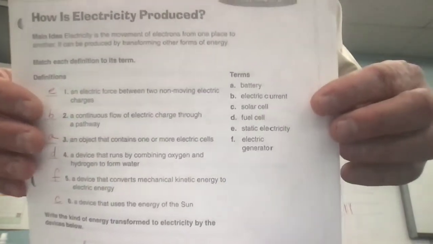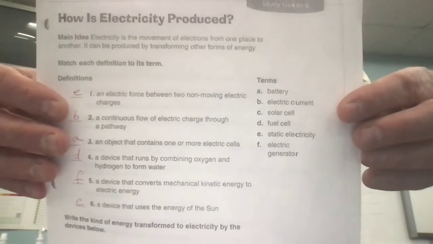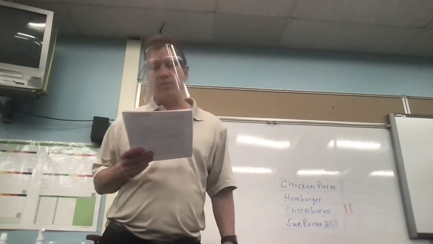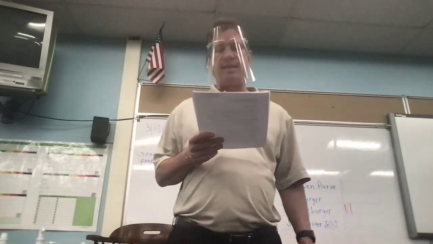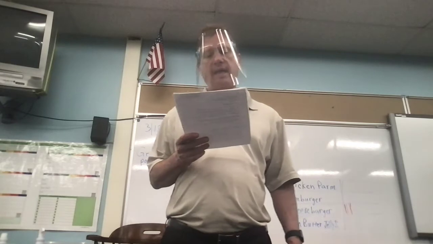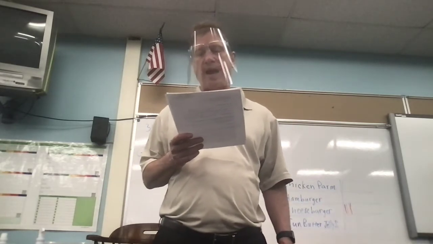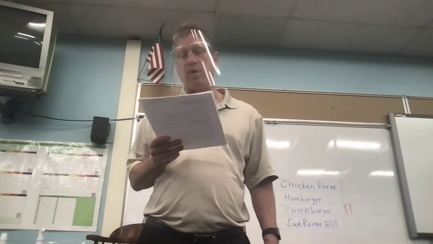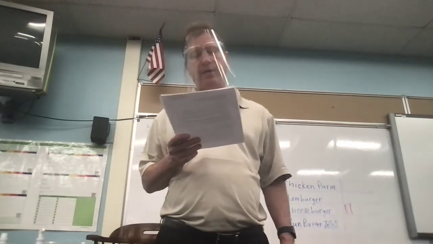Okay, this study guide at home you guys do not have, but we have it here in school. It's basically the same thing as what you have, just another exercise. An electric force between 2 non-moving electric charges, that's static electricity. A continuous flow of electric charge through a pathway, that's electric current. An object that contains 1 or more electric cells, a battery.